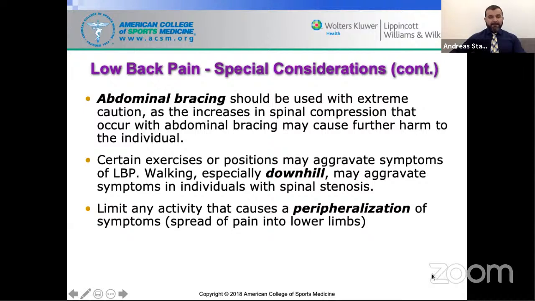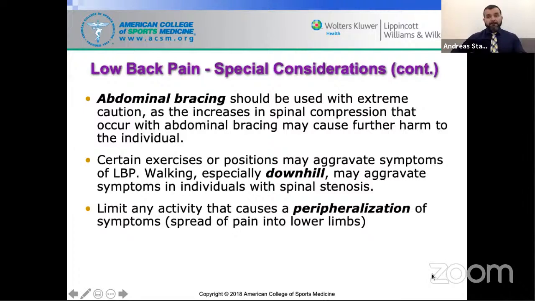And the next slide, I think, is referring to the same thing. We need the symptoms to stay around one area. If we see, for example, that the pain is leaving our back and is now moving down our right leg, we call that peripheralization. That's not good.